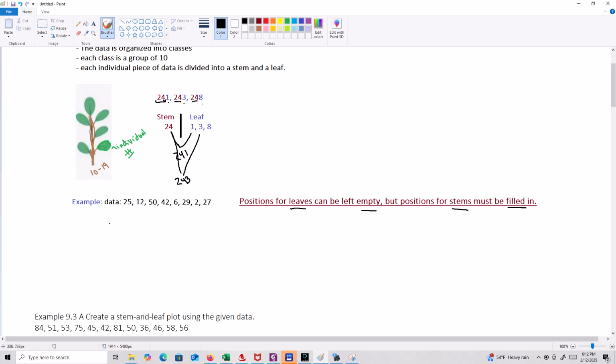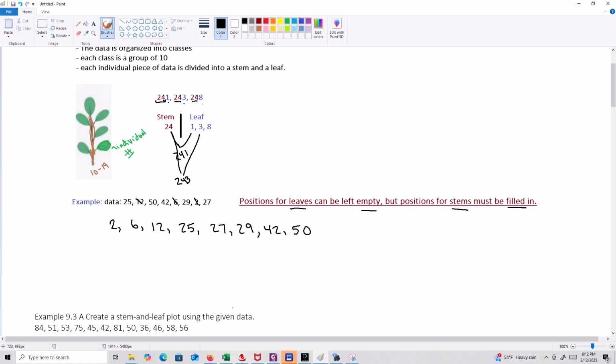So first we need to rank the data. We need to put it in order. We have a 2, 6, 12, 25, 27, 29, 42, 50.